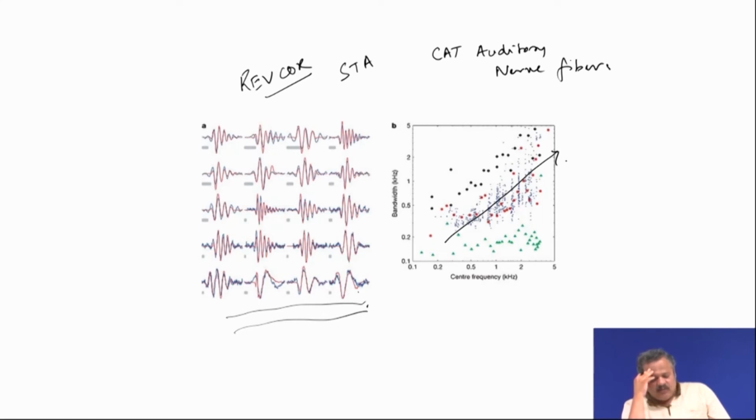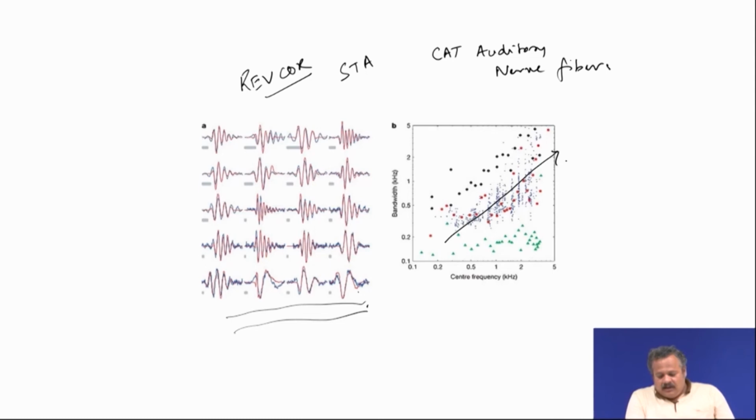Those are in blue dots for the cat, and the red dots represent that for the functions that were derived from natural sounds. And as you can see, the span of the blue dots is very much covered by the span of the red dots, which are the theoretically derived filters.